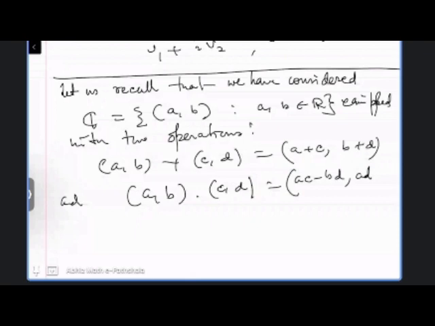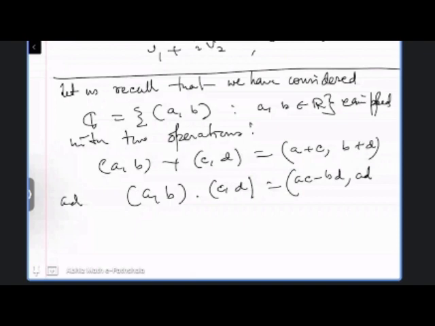That is, a has been identified. a comma 0 is a real number, right? So every real number is identified in C, looking like a comma 0.